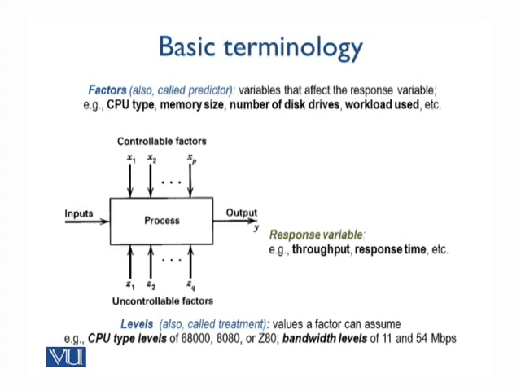So as an example, if your factor is the CPU type, it may be the 8080 processor, it may be the latest Intel processor, the latest AMD processor, the i5s, the i7s, and so on. So these would be labels of your categorical variable, and in terms of design of experiments, these are known as levels.